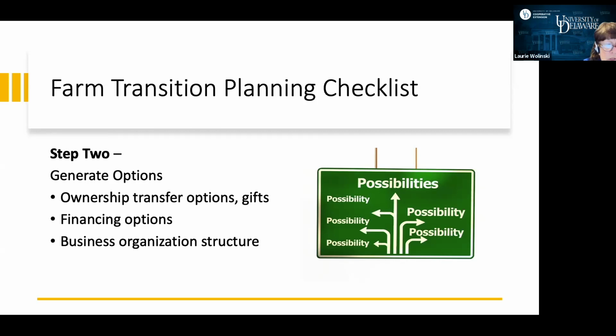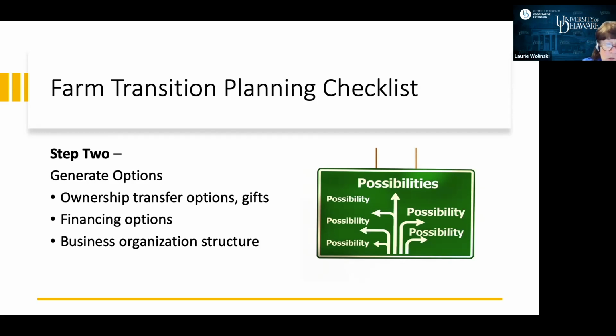So step 2 is generate options with all of those documents that you collected. You put them out on the table and you start looking at what there is to work with. Are you going to transfer options? Are you going to gift some of it? You're going to finance some of it?